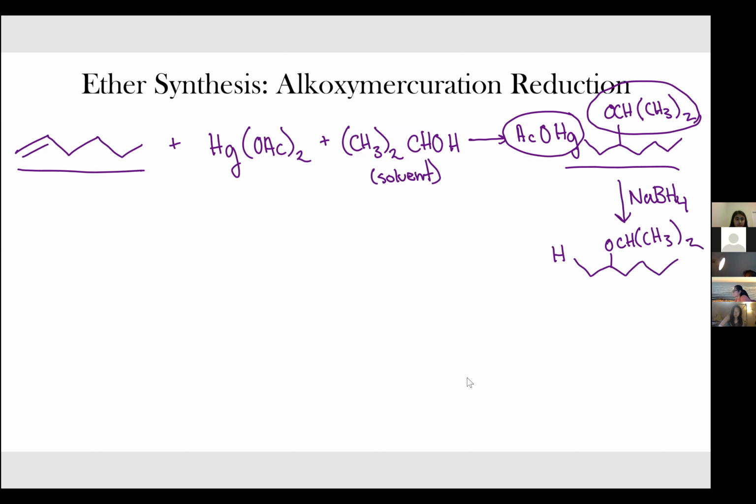This is the overview of the alkoxymercuration reduction, and this is going to occur in a 91% yield. So this is also another great way to get those ethers. And we'll have these byproducts, mercury as well as borates.